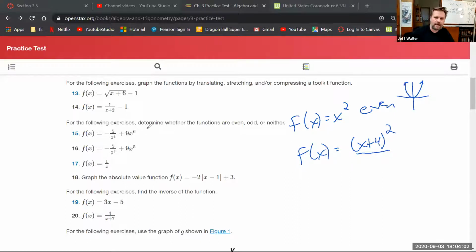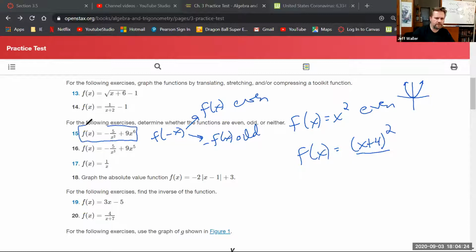But what is the actual test? You check this. If that equals this, even. If that equals this, odd. If that equals neither one of those, neither. Right? So my point is, can anyone just tell me what the answer is for that without doing any work?